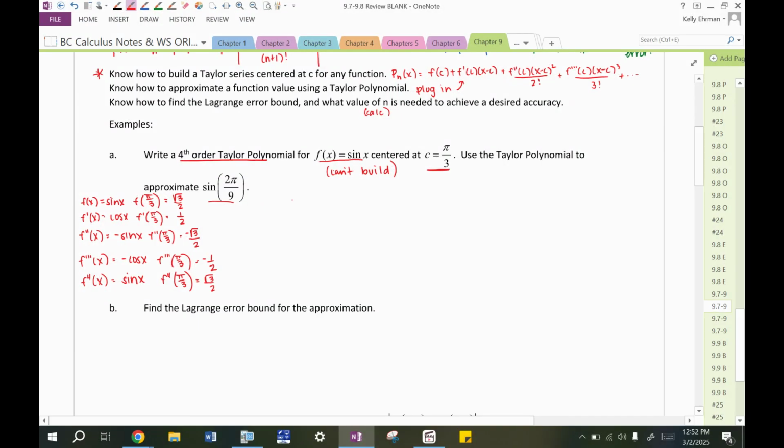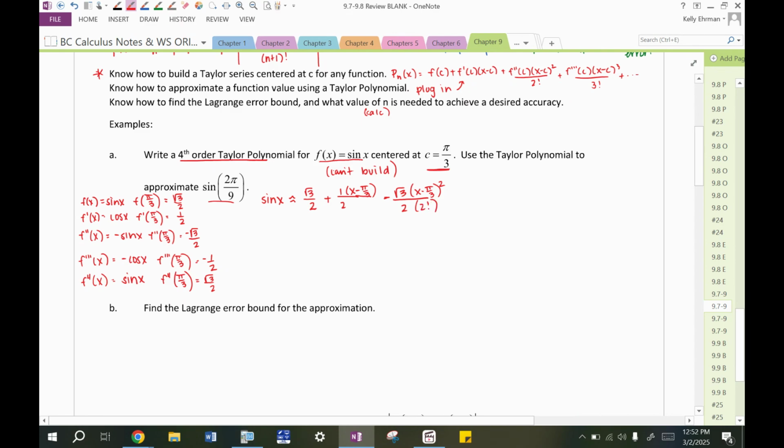Okay, so now let's write out what our fourth order Taylor polynomial is. So we're saying sine x can be approximated by f of pi over 3, so radical 3 over 2, plus f prime, so 1/2 times x minus pi over 3. You don't have to simplify this at all, so just keep going. Then minus radical 3 over 2 times x minus pi over 3 squared over 2 factorial.